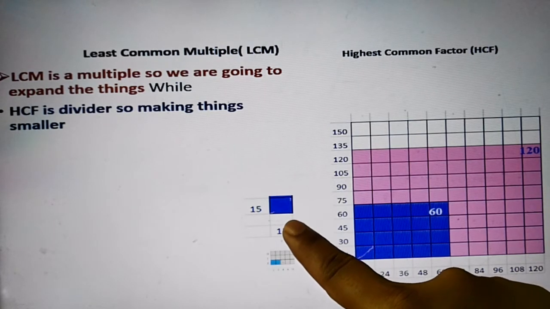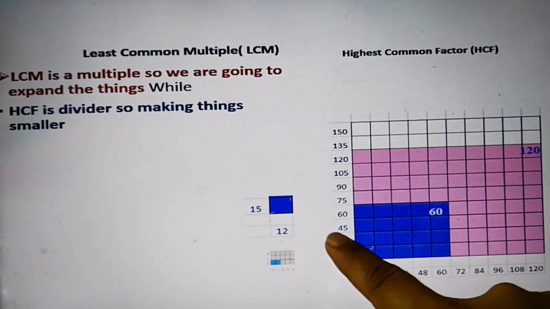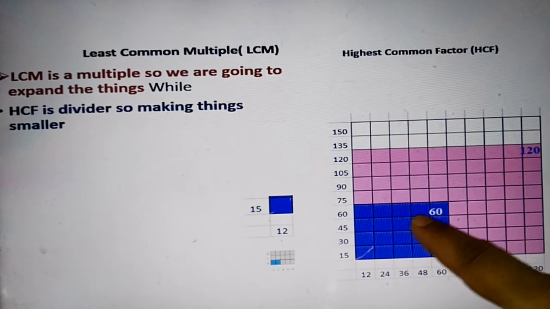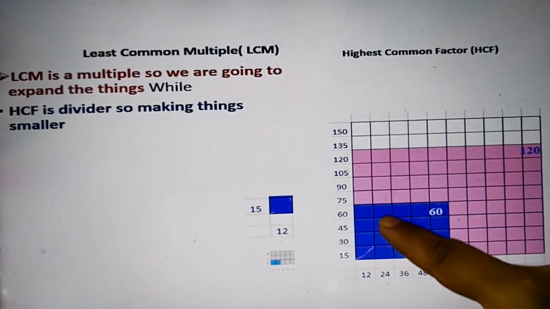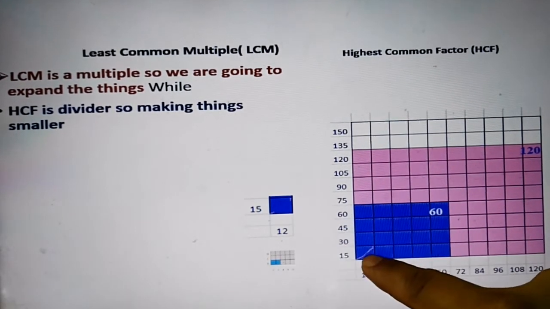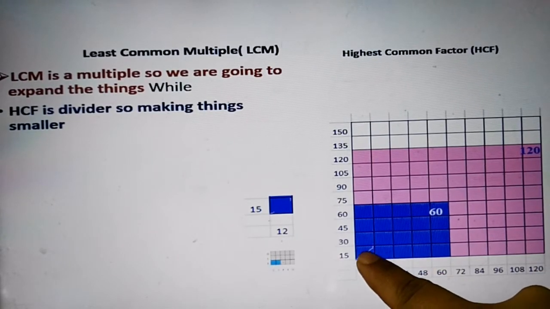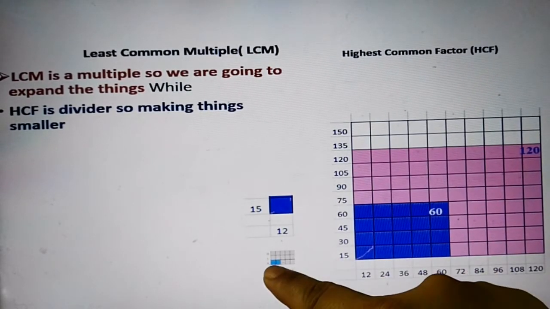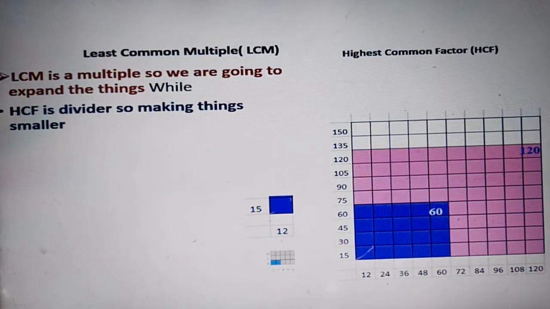This is your given numbers 12 and 15, and you have found their LCM that is very much larger than the block of 12 and 15 here. And the HCF is very much smaller than the numbers.